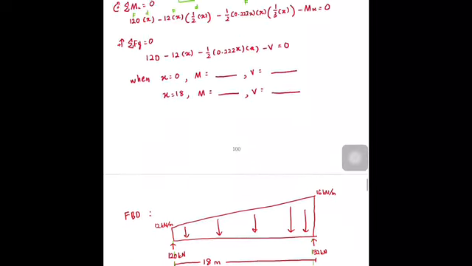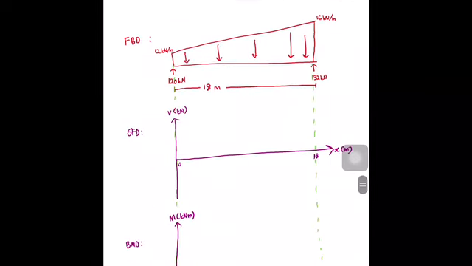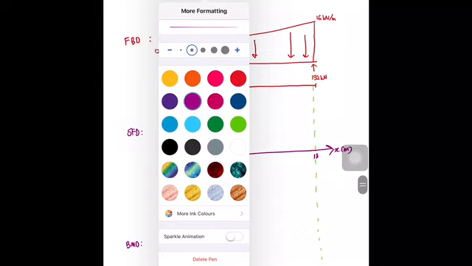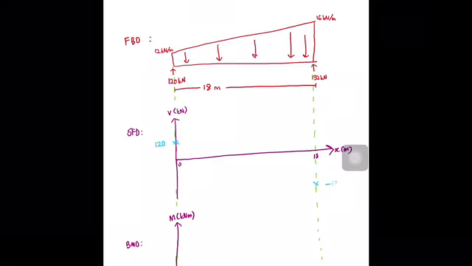So when you calculate here, when x is equal to 0, moment is equal to 0 and V is equal to 120 kilonewton. And then when x is equal to 18, moment is equal to 0 and V is equal to negative 132 kilonewton. Okay, then you plot. When x is equal to 0, V is equal to 120. When x is equal to 18, V is equal to negative 132.